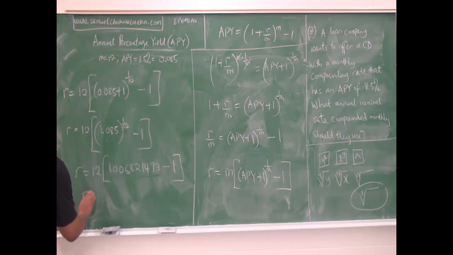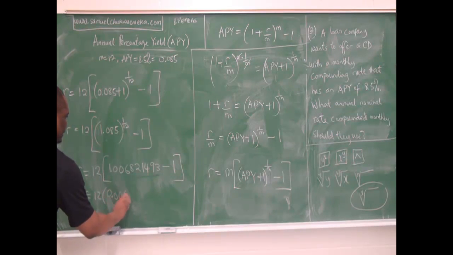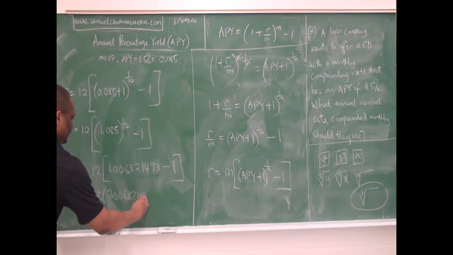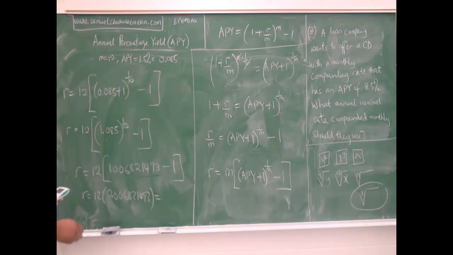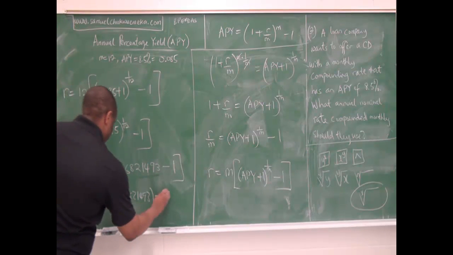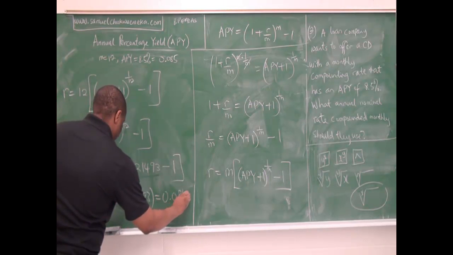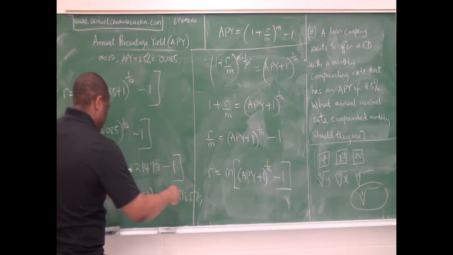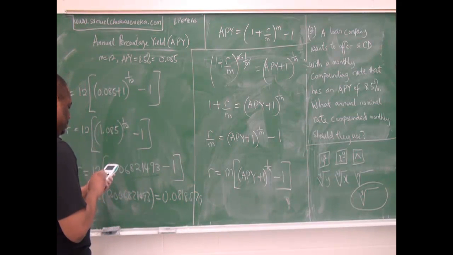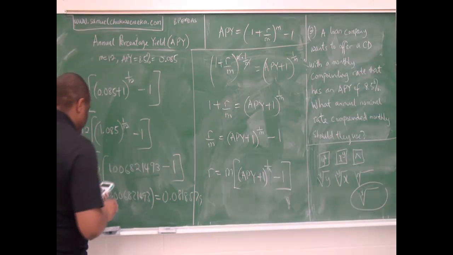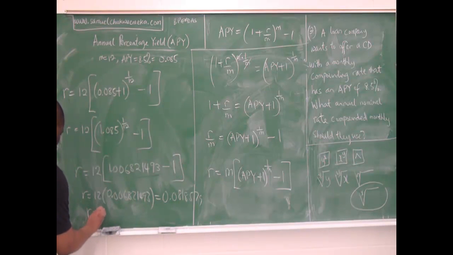It gives you 12 times 0.006821493. And when you multiply it by 12, let's round up to 3 decimal places, it will be 0.0818579. Then times 100, so it will be 8.186%.